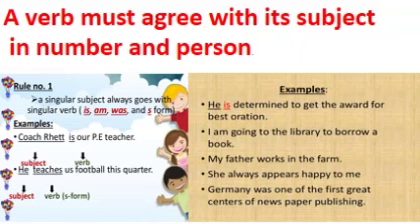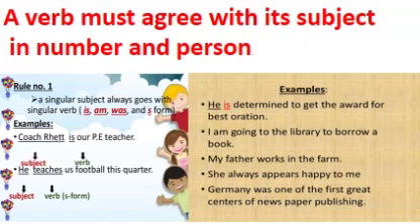If the subject is plural, then the verb also should be plural. This is called subject verb agreement. So, here are some rules of subject verb agreement. So please listen carefully.